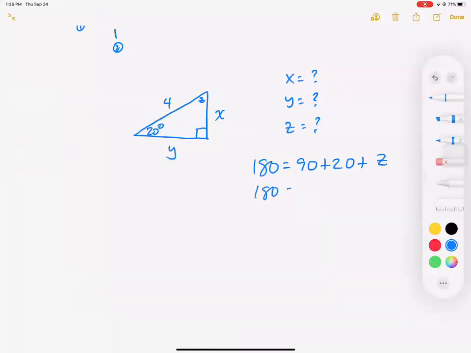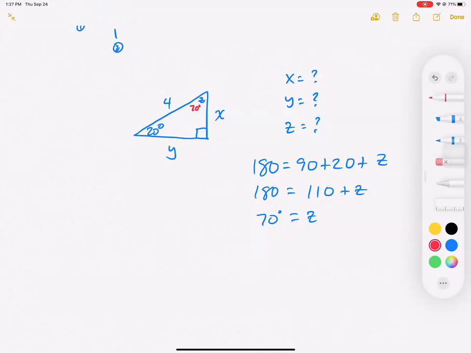So 180 equals 110 plus z. Z has to be 70 degrees. So let's fill that out. This is 70 degrees, not the side, an angle. Oftentimes the angles are the easiest parts to solve because we know they always add up to 180. Okay, so the angle was easy.